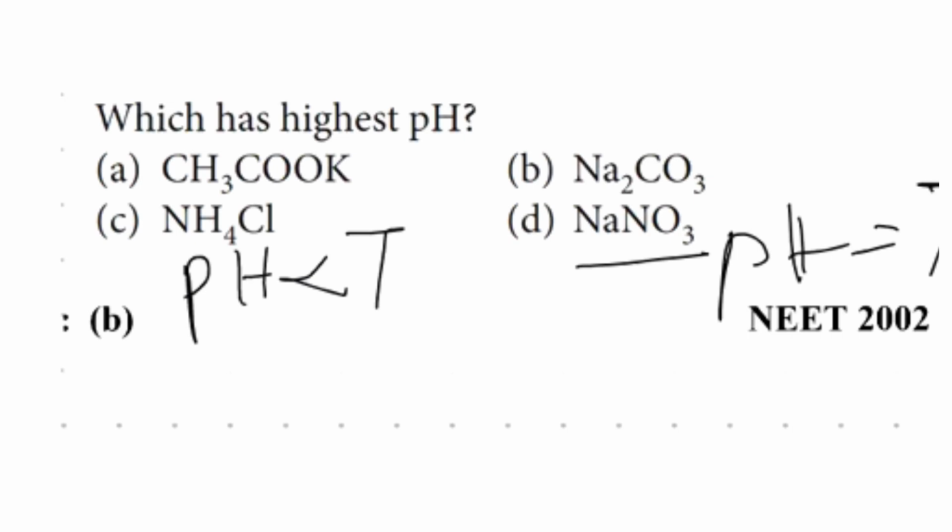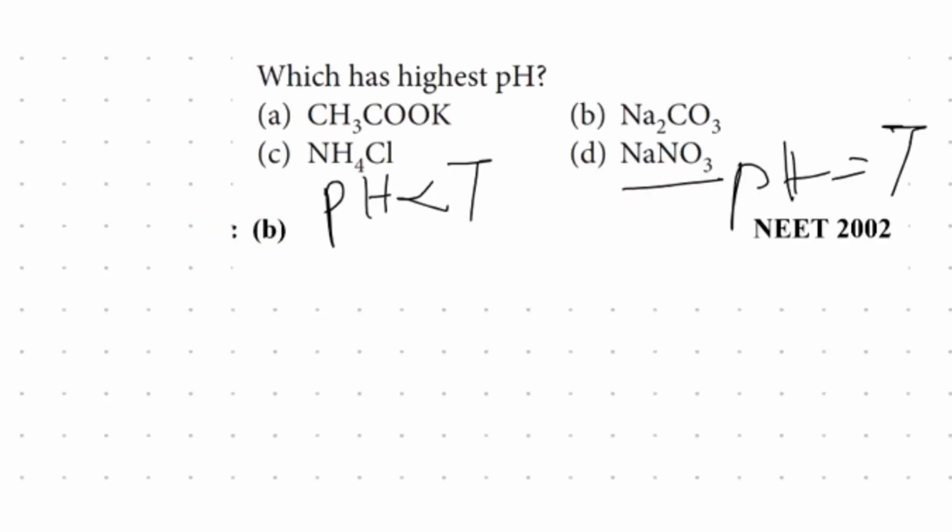Both options A and B will result in alkaline solutions. So pH will be greater than 7 for both A and B, alkaline solution. Within these two, which one will be more alkaline if you see?